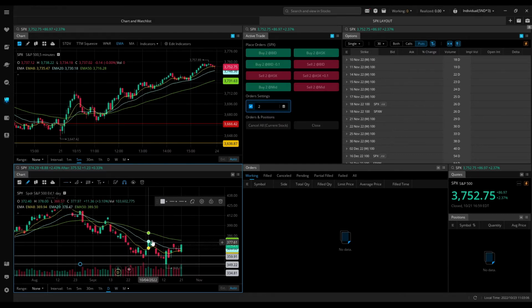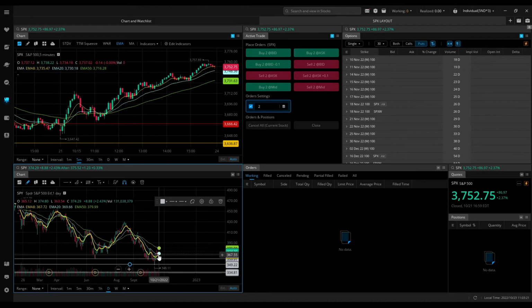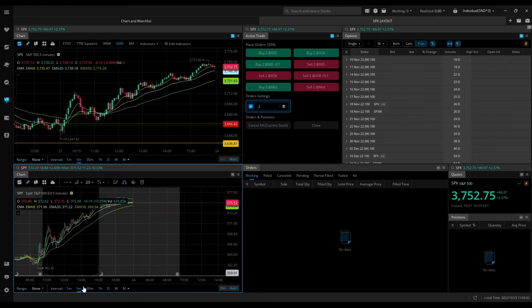A second level of support. As you could see here, I could trust this level more than the second support level because there are multiple instances where SPY found support around 360.